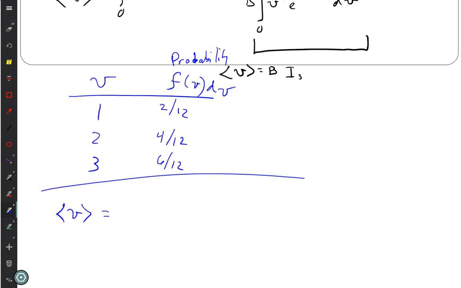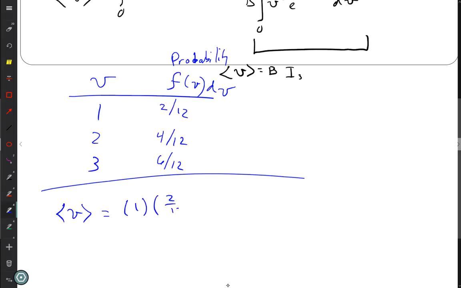Multiply each one by its probability. I would multiply each value of v. So I would take 1 multiplied by its probability 2/12 and add them up. And that would give me my average value on the test.